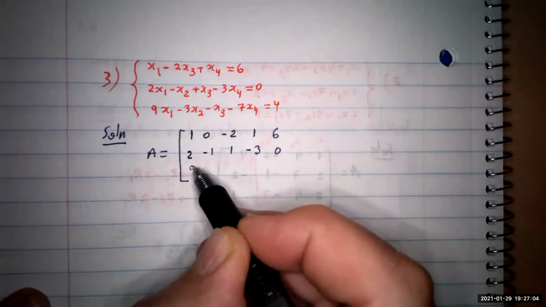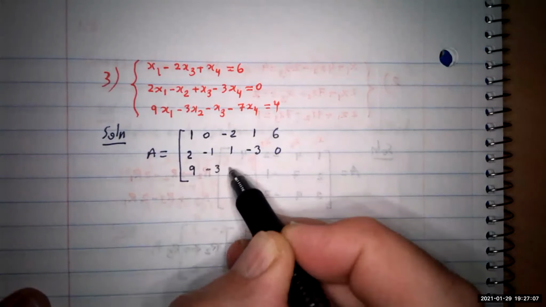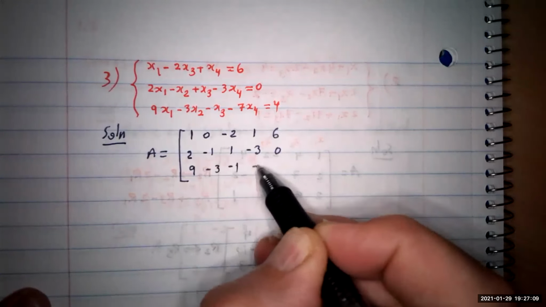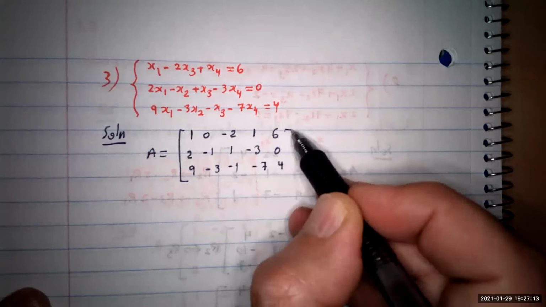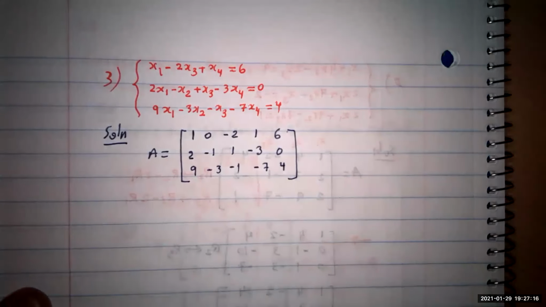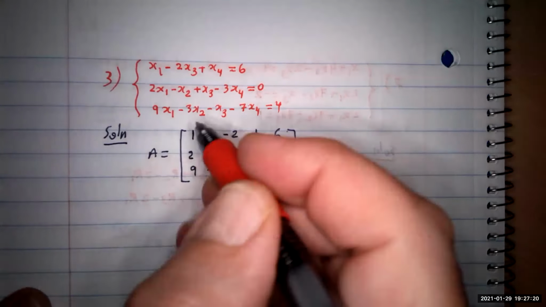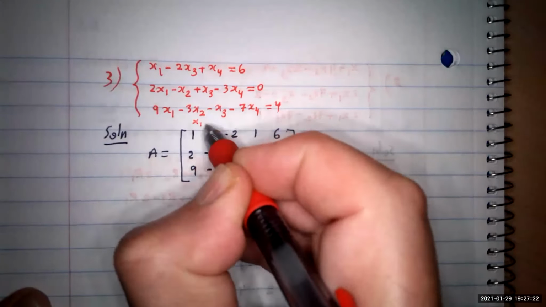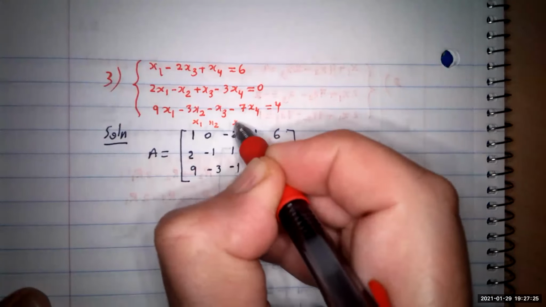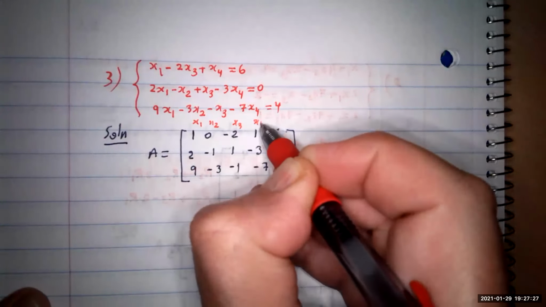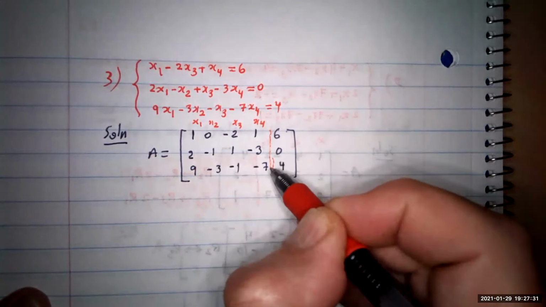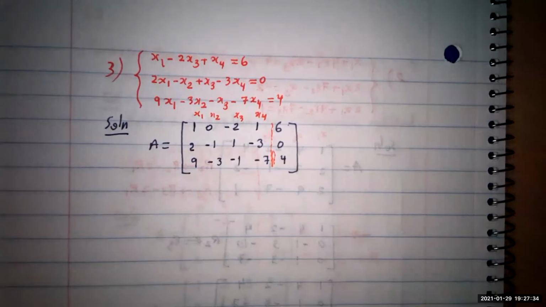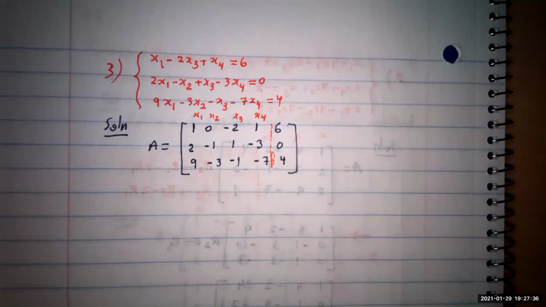And the third row: 9, negative 3, negative 1, negative 7, and 4. So this is all you have. If you want, remind yourself that the columns represent x1, x2, x3. You don't have to, but I write it down so you know what's going on.